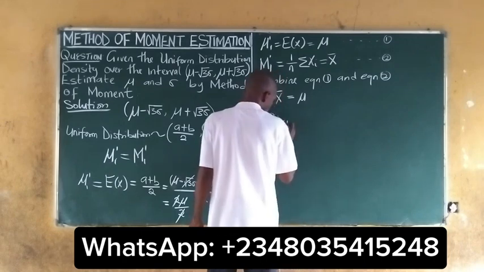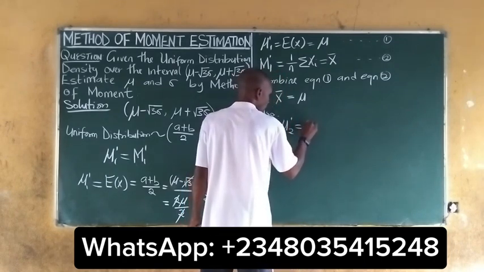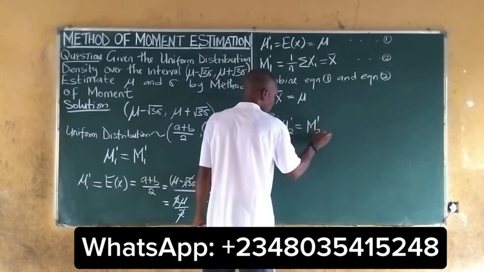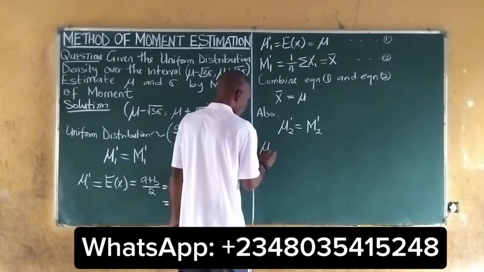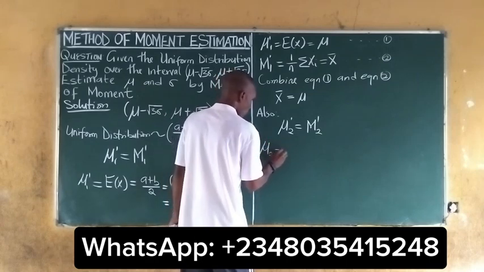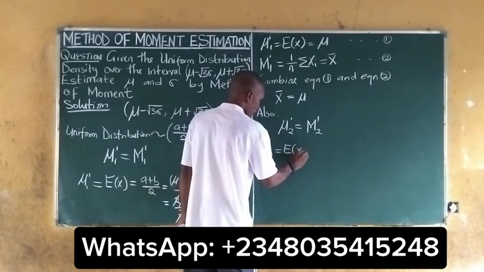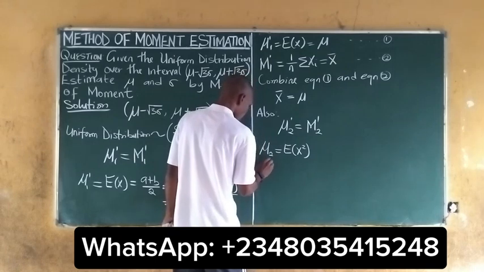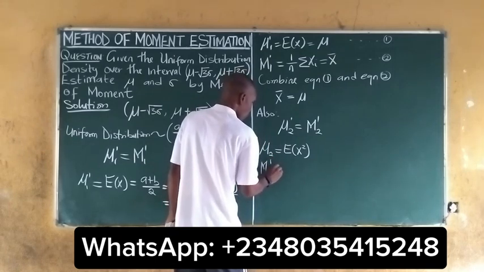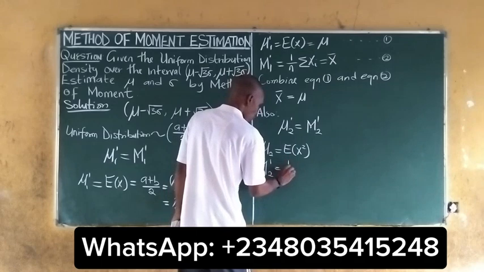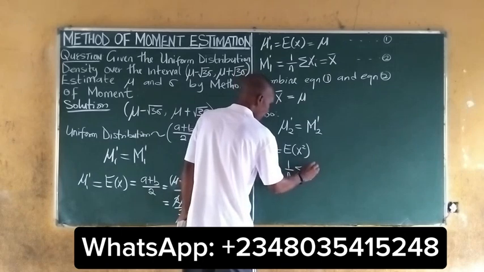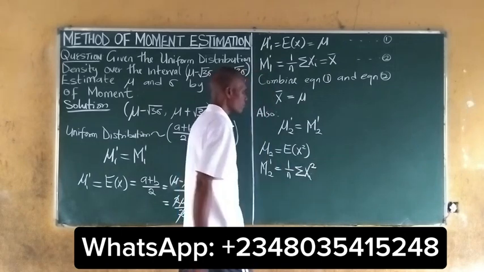Also, for the second moment, the population mean is equal to the sample mean. And we have the population moment, which is this, to be equal to the expected value of x squared. The sample moment to be equal to 1 all over n summation of xi squared.